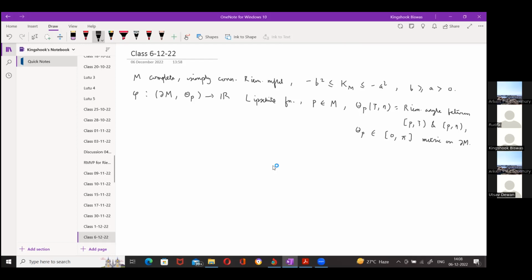So first what we did is we defined an extension phi bar from M bar minus P to R. This is also continuous.